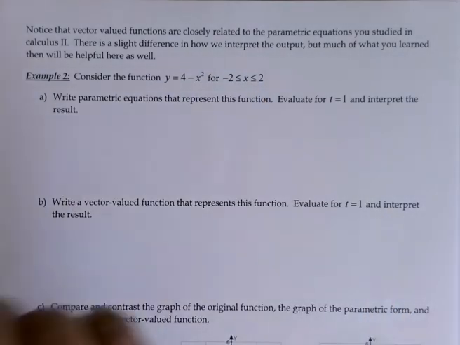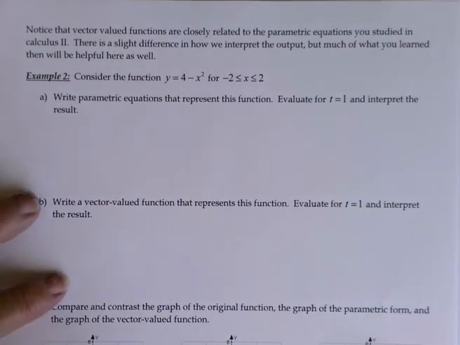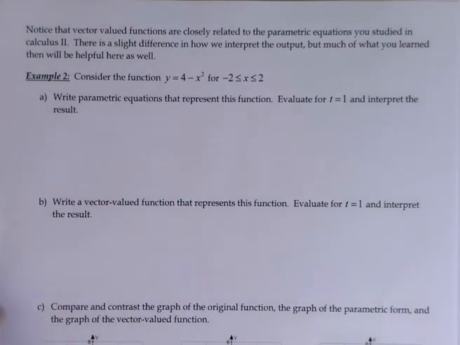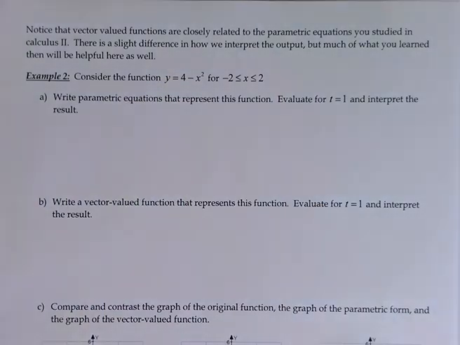I'm going to start by writing parametric equations that represent that function. Remember that one of the easiest ways to write parametric equations, to represent a function that's given in the standard xy form, is to just let x equal t.